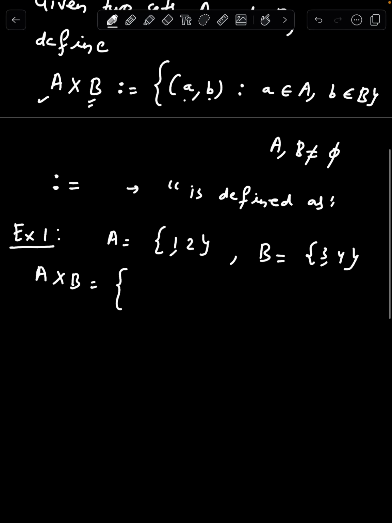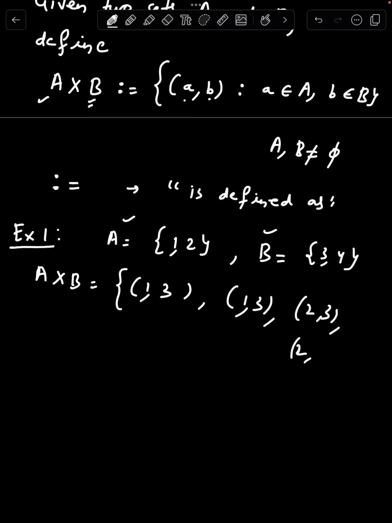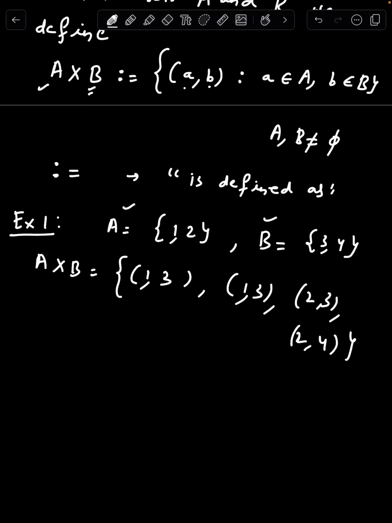So let's make all these couples. First element has to come from A, second element has to come from B. So how many possibilities are there? Take one and three: one from A, three from B. Two from A and three from B. Two from A and four from B. That's it. So A cross B has four elements here.